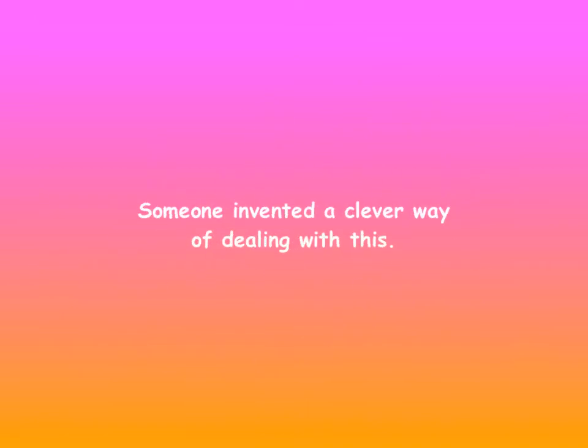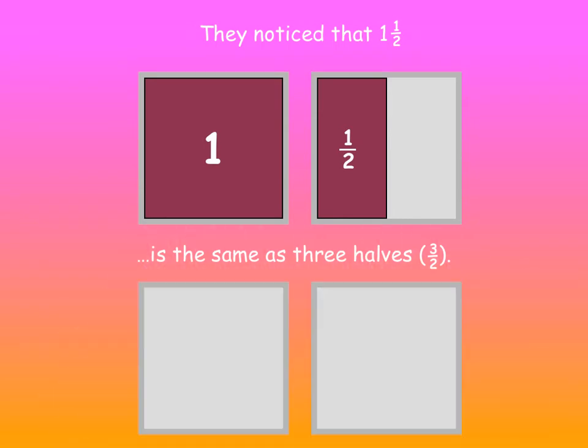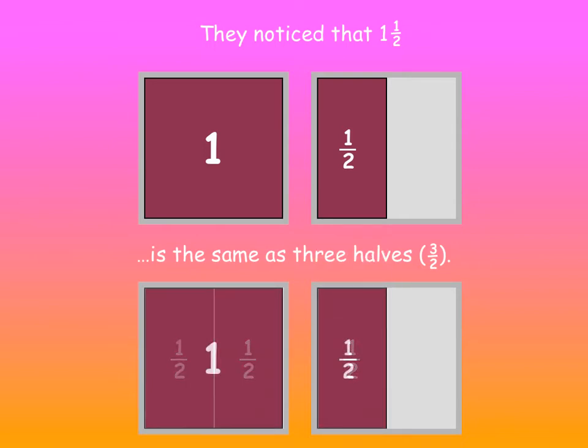Someone invented a clever way of dealing with this. They noticed that 1½ is the same as 3/2. I'll show you what I mean. Here's 1/2, 2/2, 3/2. Same as 1½.